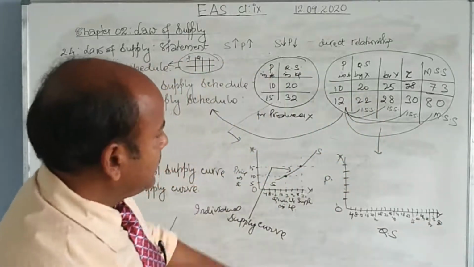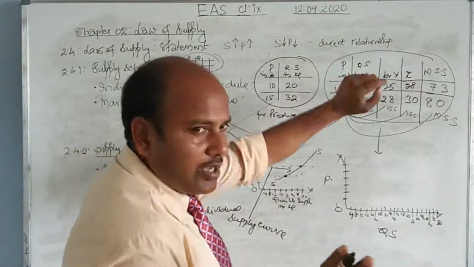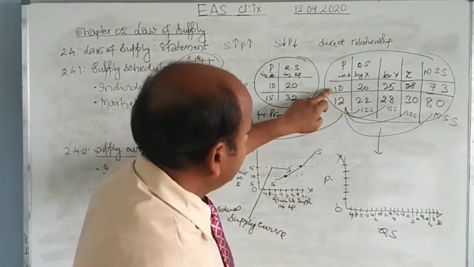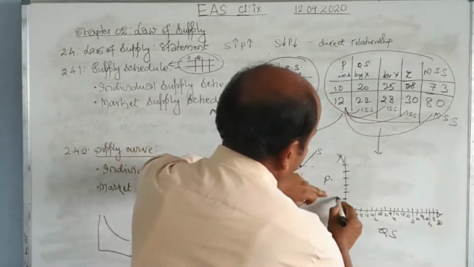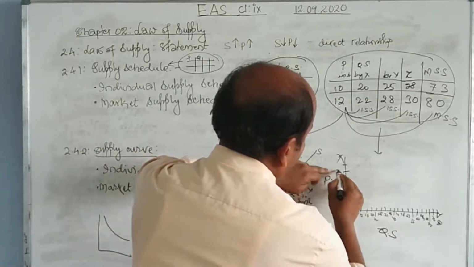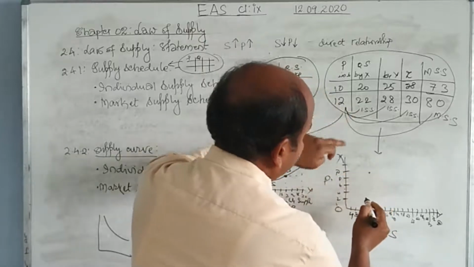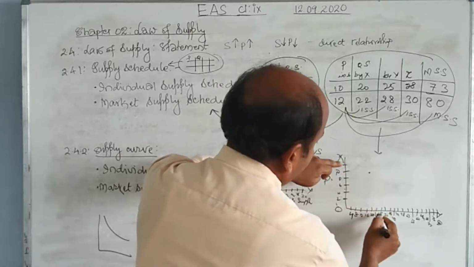Now see, I am drawing the individual supply curve for only X. At price 10, 20, and at price 12, 22.